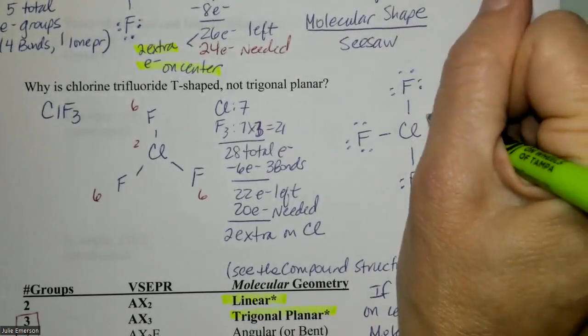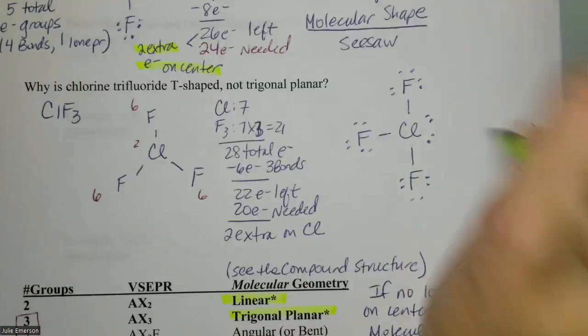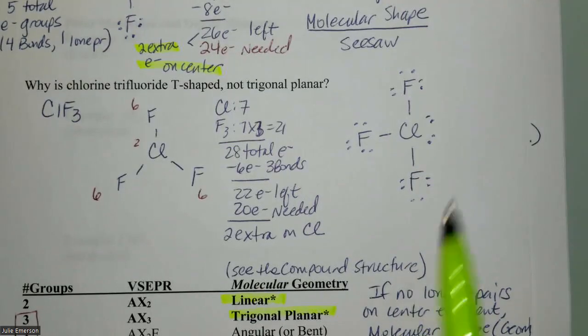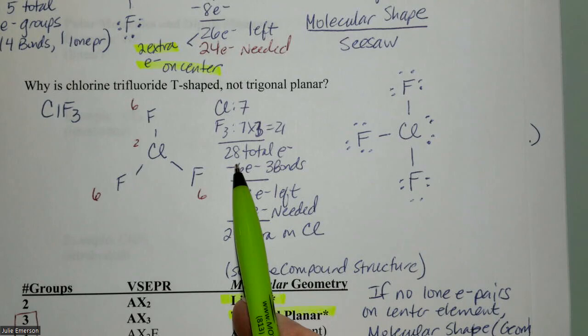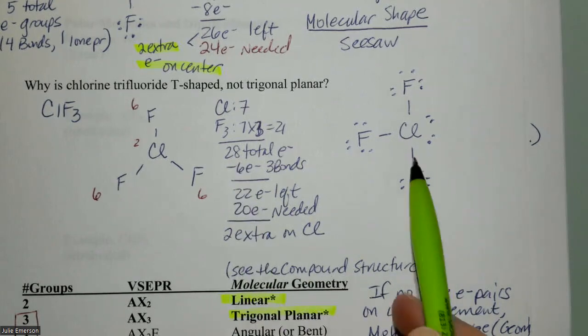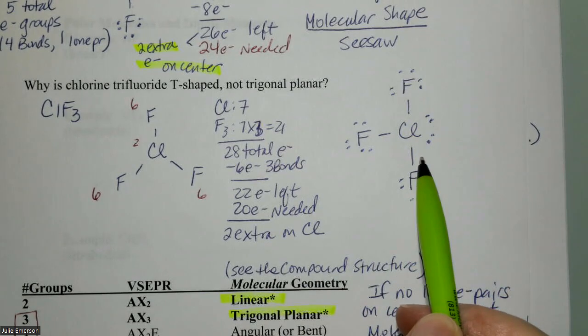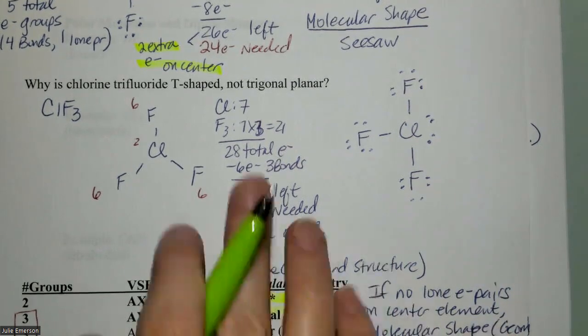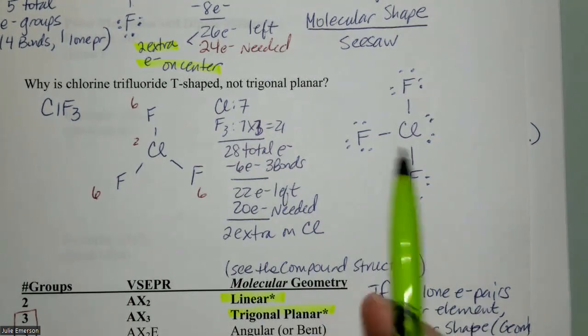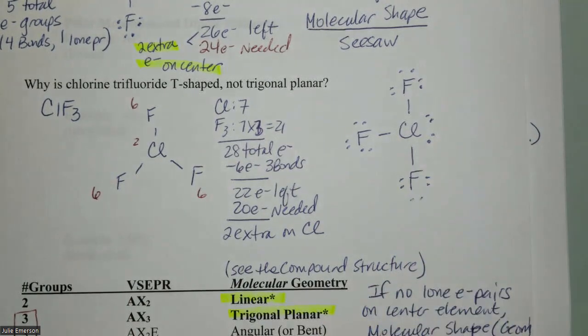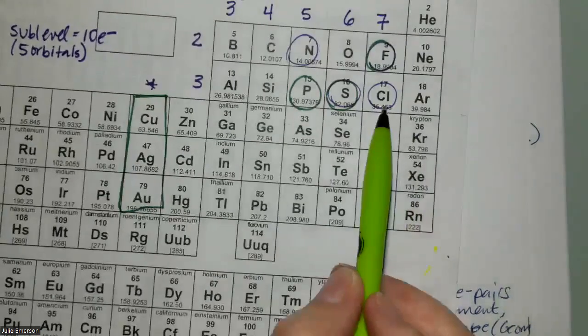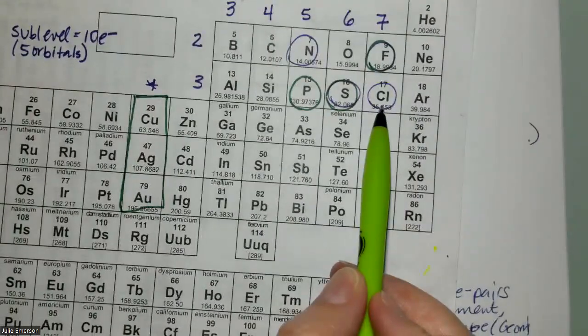But then we actually have 2 lone pairs on the chlorine. So if I count my number of electrons again, there should be 28. We have 8, 16, 24, 26, 28. So there's my 28 electrons. Remember, always go back and make sure. We expanded the octet on chlorine, which we can do because that's a row 3 element, so it does have access to the 3D.